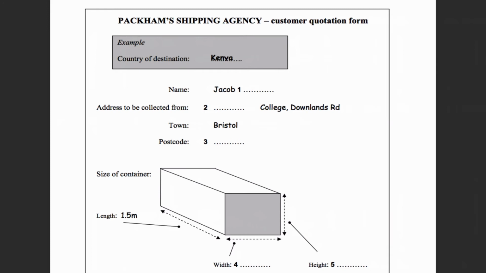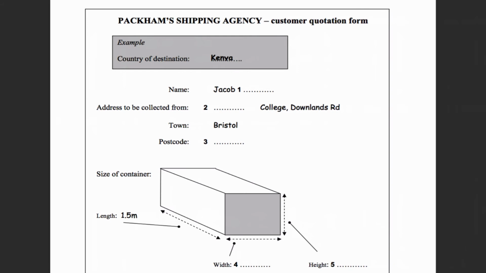Yes, it's M-K-E-R-E. Is that M for mother? Yes. Thank you. And you say that you will be sending the box to Kenya? That's right. And where would you like the box picked up from? From college, if possible. Yes, of course. I'll take down the address now.